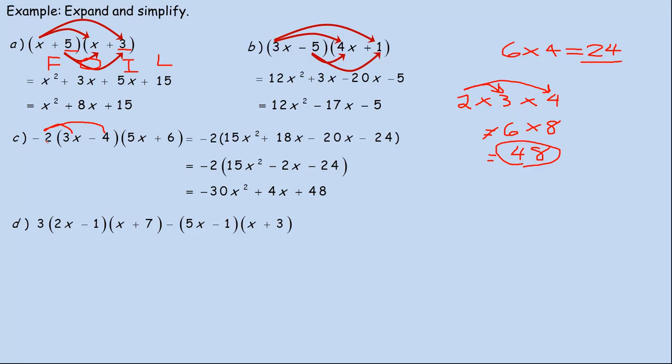So if I multiply the -2 by the 3x minus 4, I would have -6x at the beginning here. And then -2 times -4 would be plus 8. And so we have to multiply that by the 5x plus 6. And just to demonstrate that this does work out correctly, see, -6x times 5x does give you this.